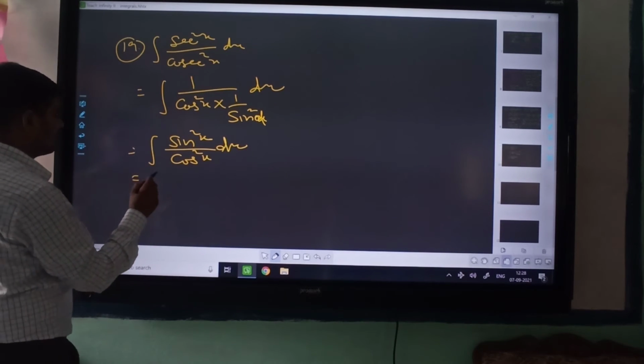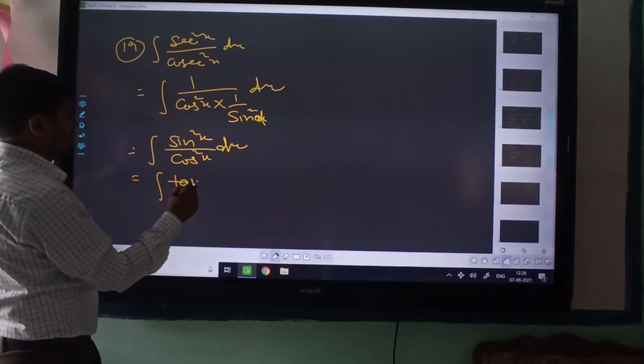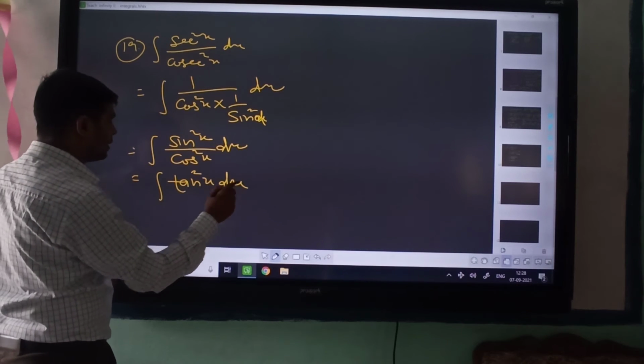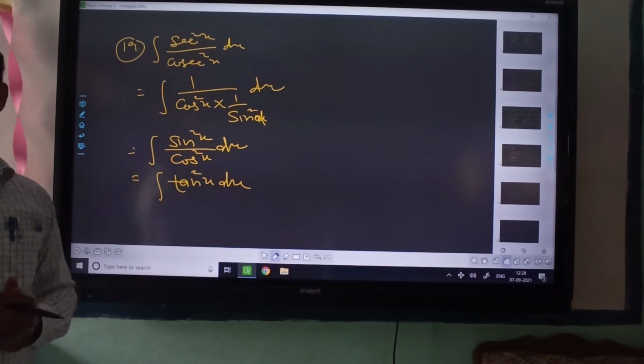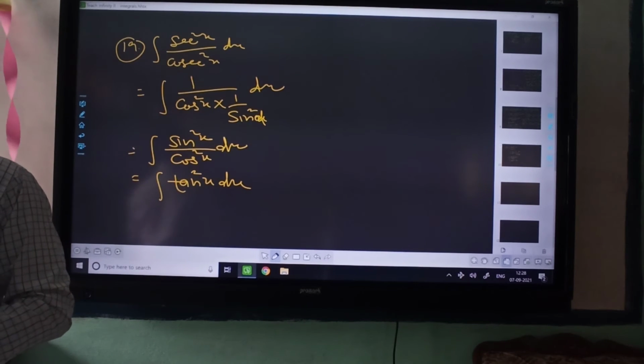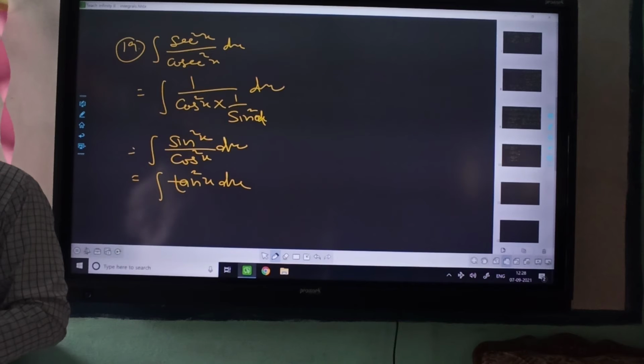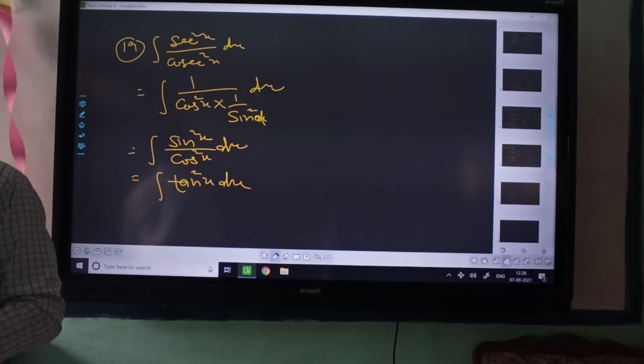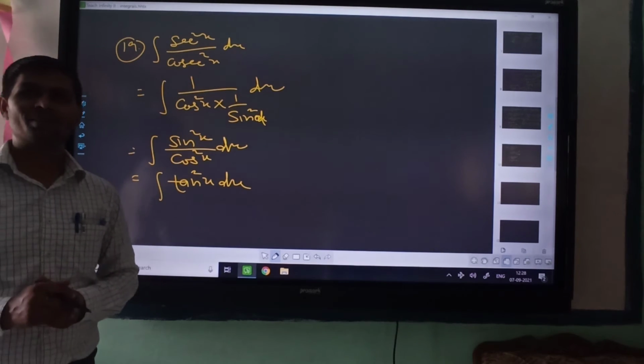This will be tan square x. Then what will be the integration of tan square x? What will be the integration of tan square x?